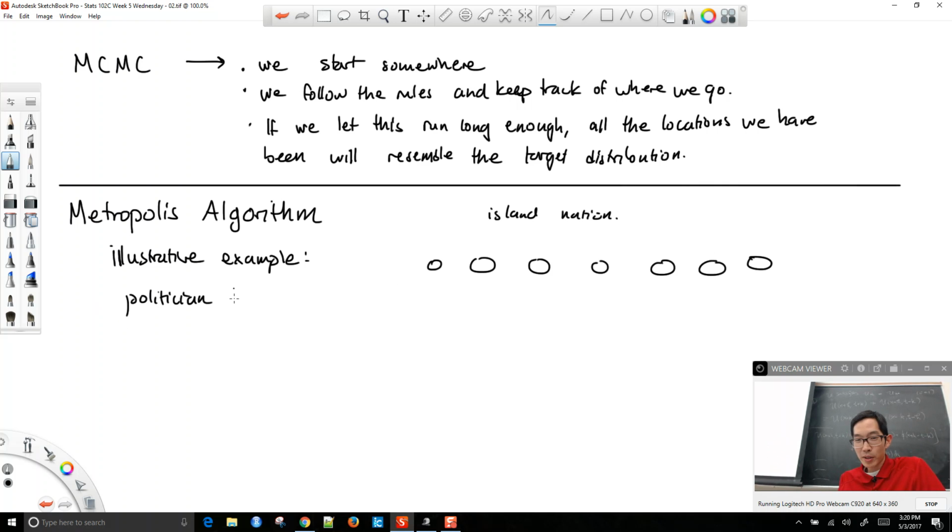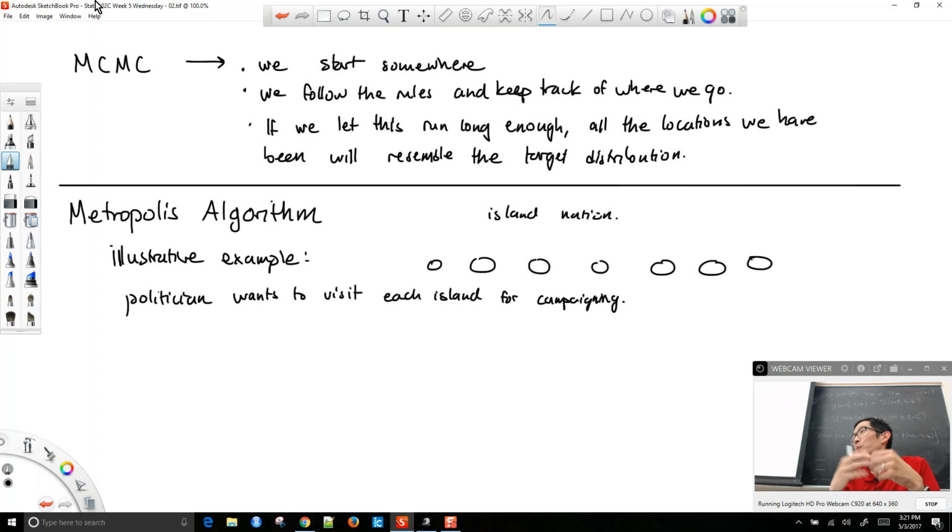The politician wants to visit the islands in proportion to the population on each island. So the island with the highest population, the politician wants to visit the most.